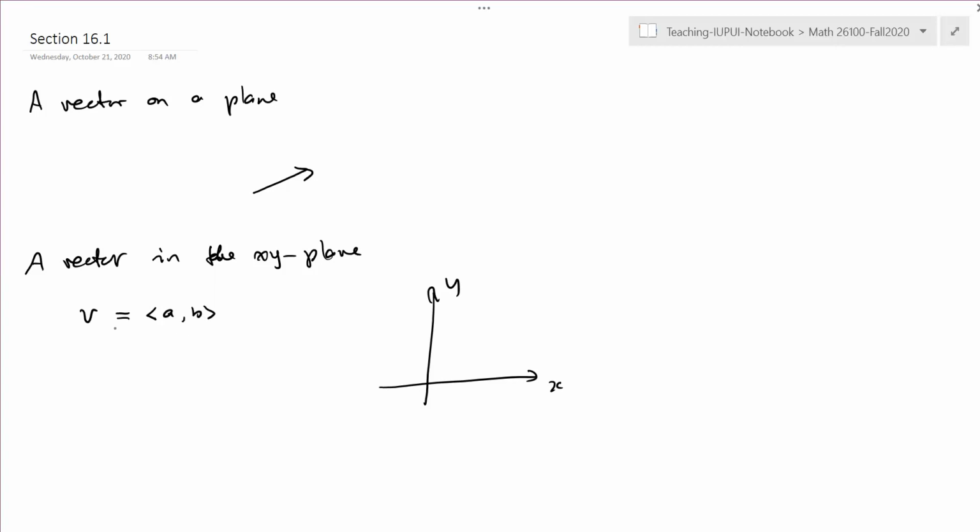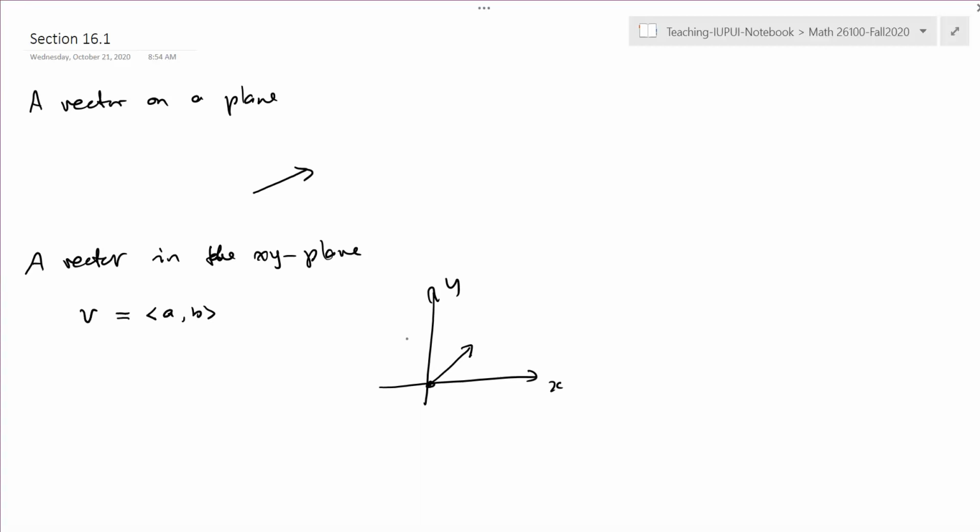Then how do you draw it? When you draw the vector in the xy plane, you have to choose a starting point and an ending point. So this will be the vector. Here, the starting point is at the origin. This is the vector in standard position.